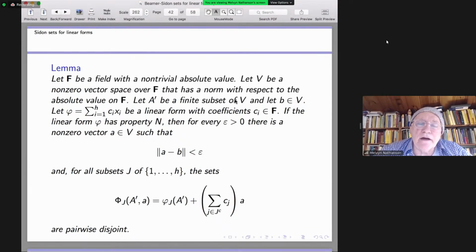Take any finite subset of the vector space and let B be a vector in the vector space.